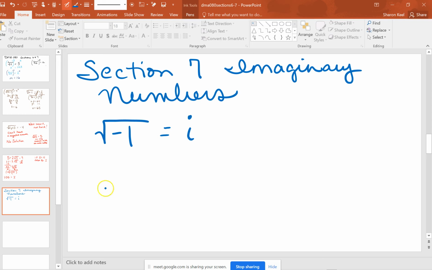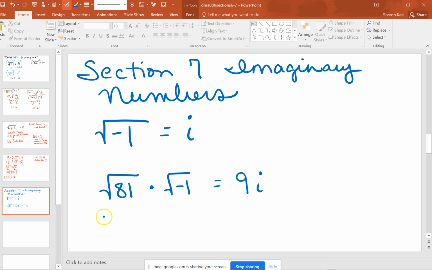In other words, if we have, let's say, the square root of 81 times the square root of -1, we know the square root of 81 is a 9, and the square root of -1, I just told you, would be the letter I. So that, in other words, would be our solution.